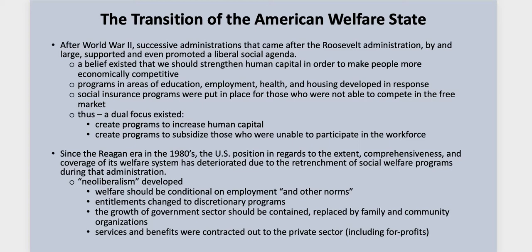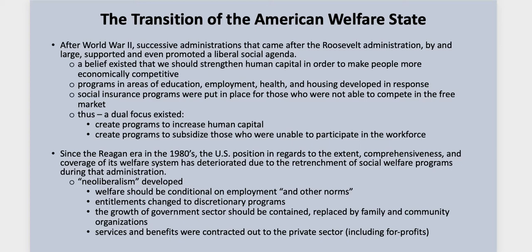And for those individuals who weren't able to compete in the free market, social insurance programs were put in place. And so we had two focuses really here: first, creating programs to increase human capital, to help people compete in the market, and then programs to subsidize those who were unable to participate in the workforce.